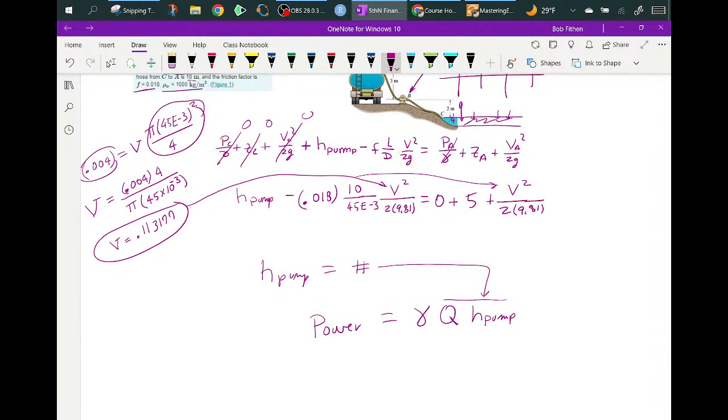This is going to be the power that you're extracting back out of here. You're going to want to make sure it's in watts.